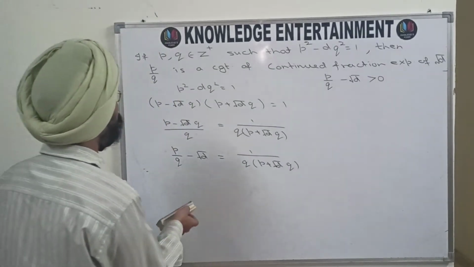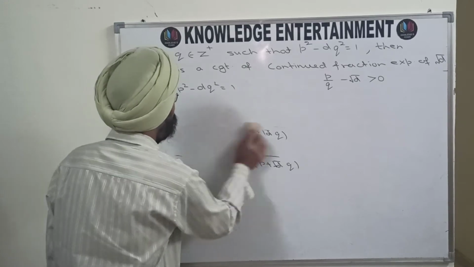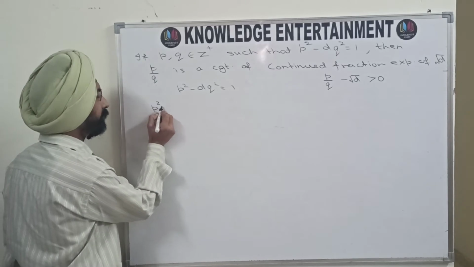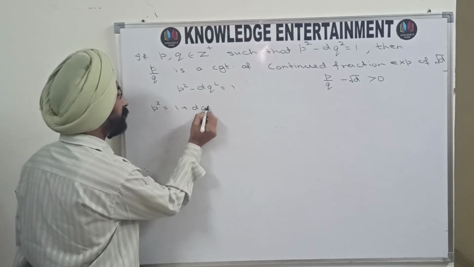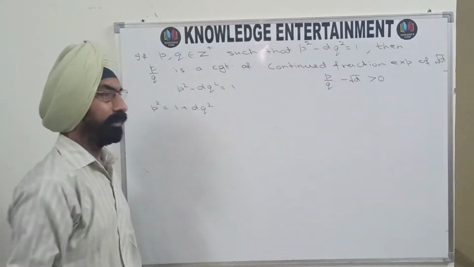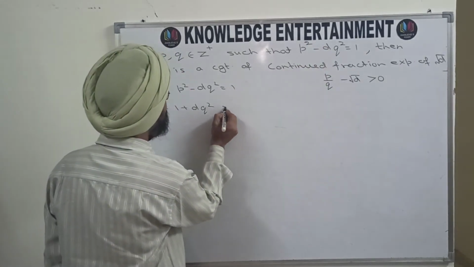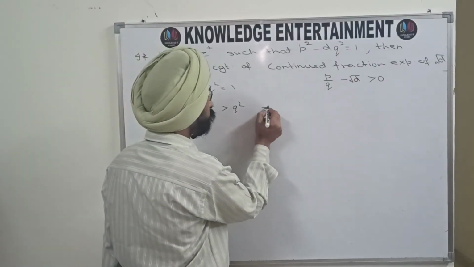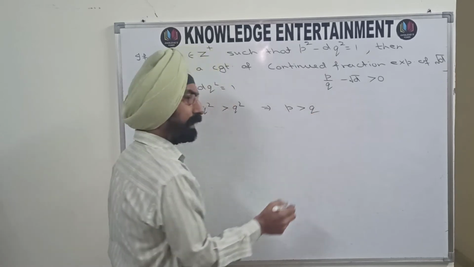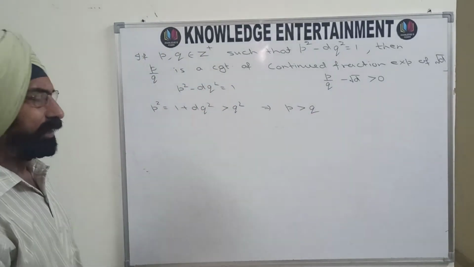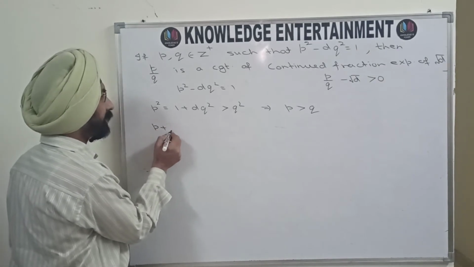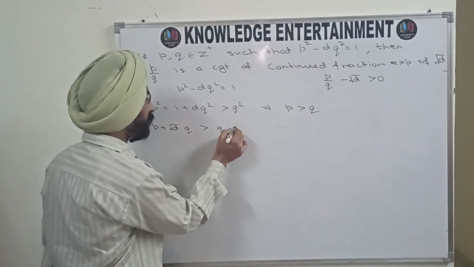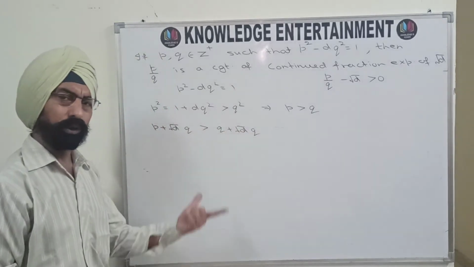And now once again, here p squared is 1 plus d q squared from here, and it is definitely greater than q squared. p squared is greater than q squared gives you p is greater than q. p is greater than q, so p plus root d q is greater than q plus root d q, adding root d q both sides.